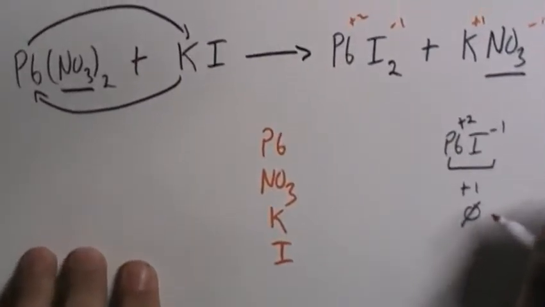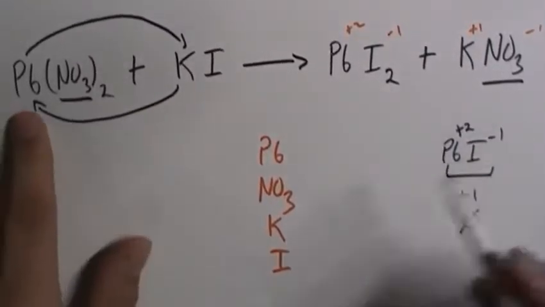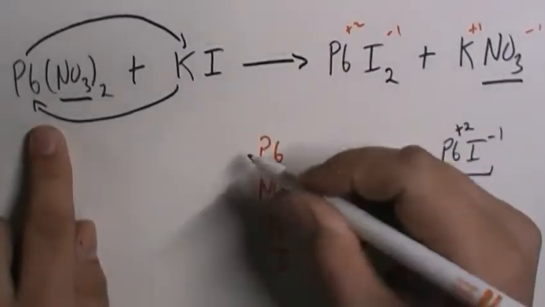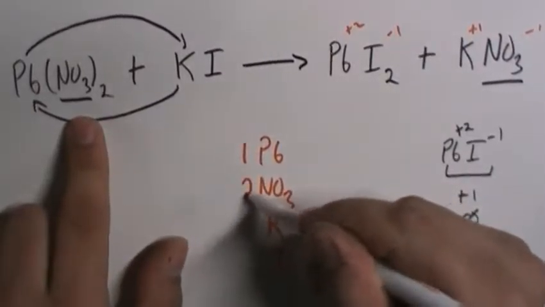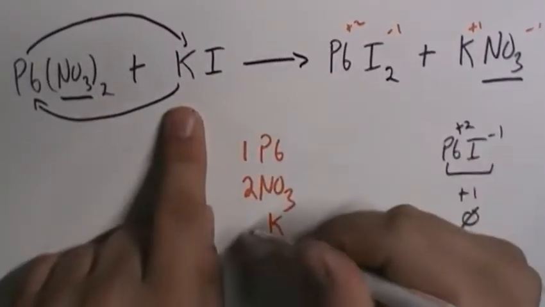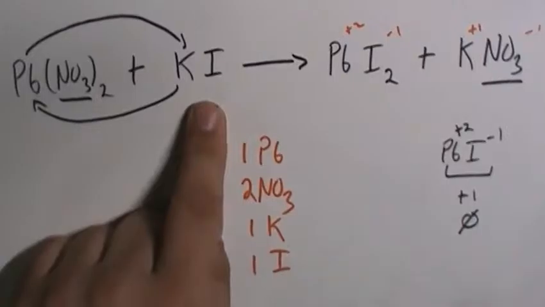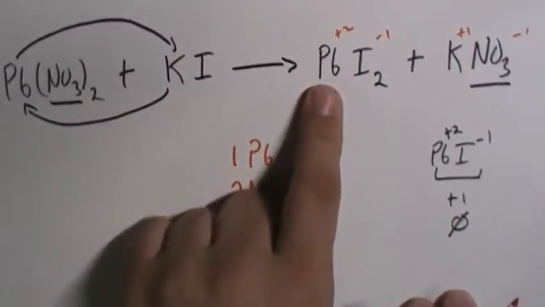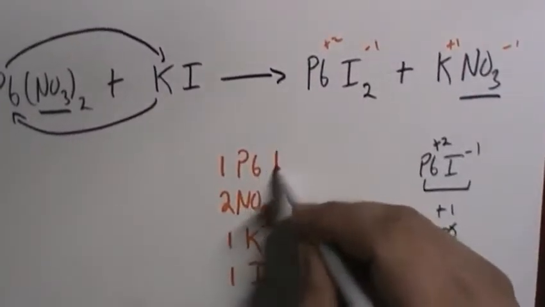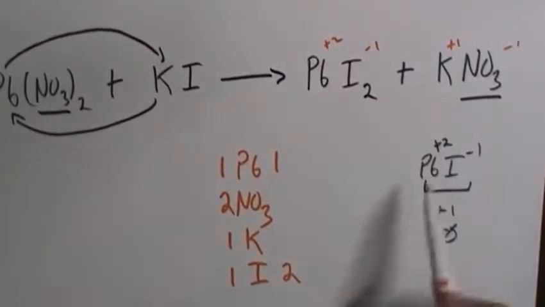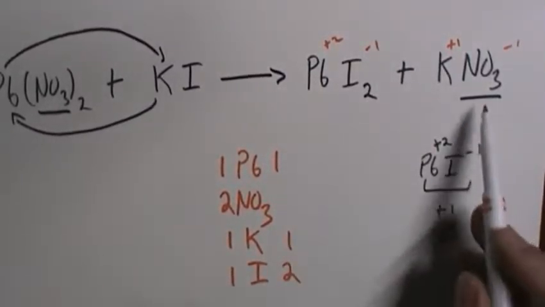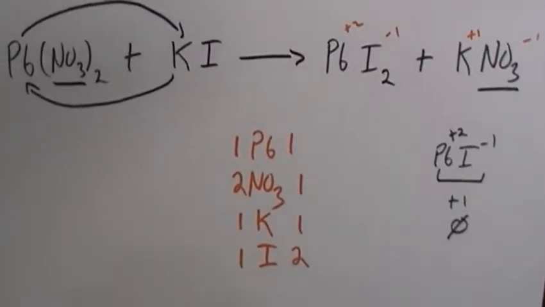You start the inventory by counting how many go in. Leads, there are only 1. Nitrates, there are 2. Potassiums, 1, and iodines, 1. Coming out of the reaction on the product side, we have 1 lead, 2 iodines, 1 potassium, and 1 nitrate.